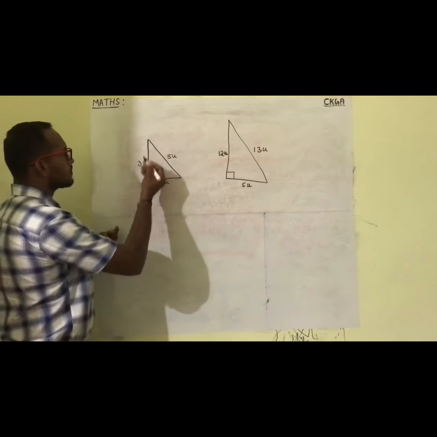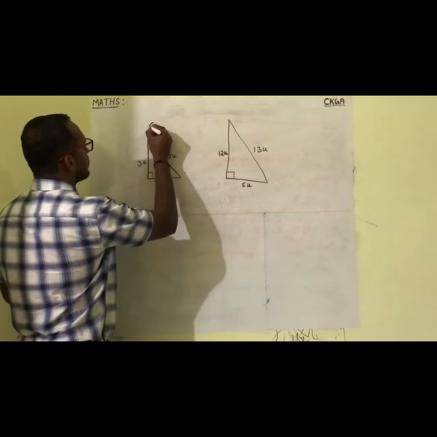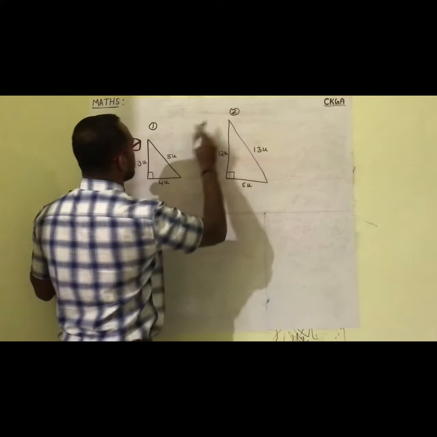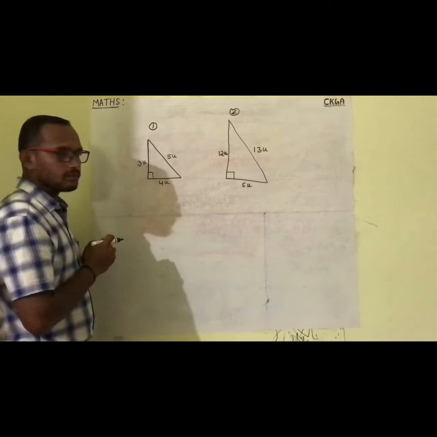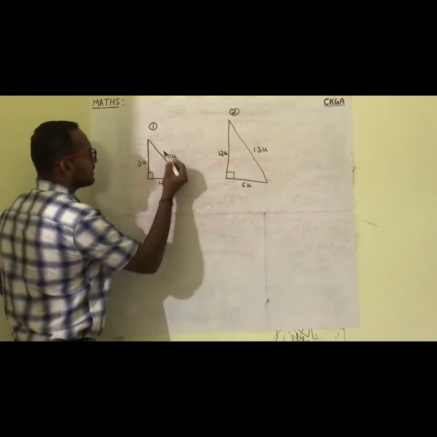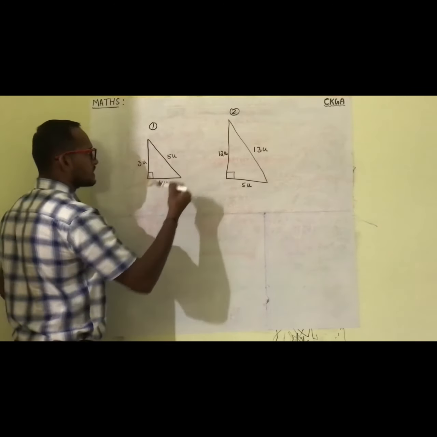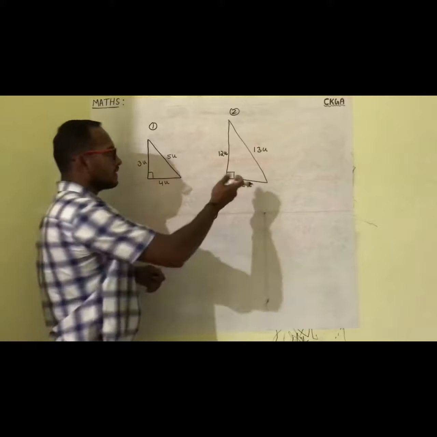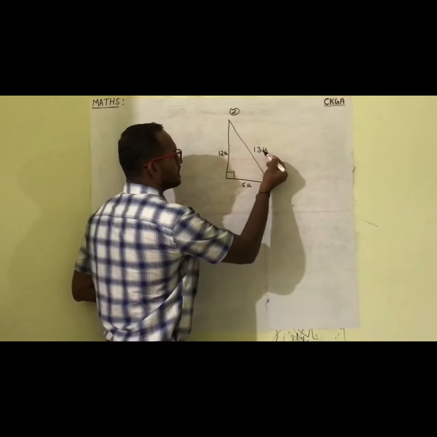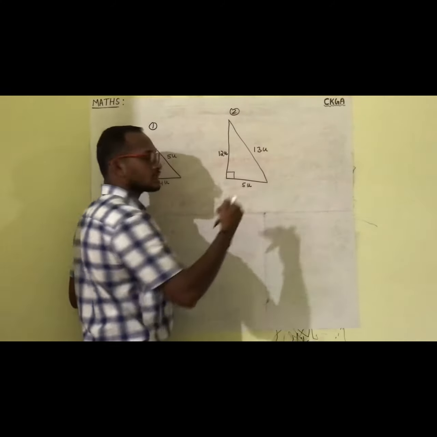Suppose you observe triangle 1 and triangle 2. If you observe triangle 1 carefully, you will come to know the 5 units side is considered as the longest side. Here you could say the 13 units side is considered as the longest side.